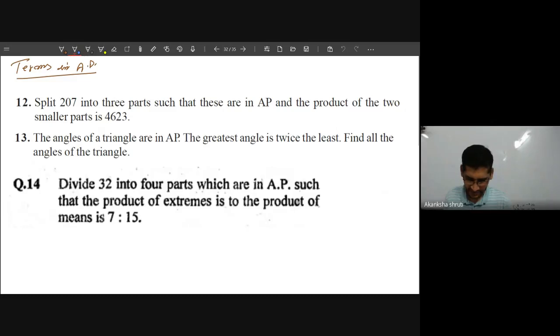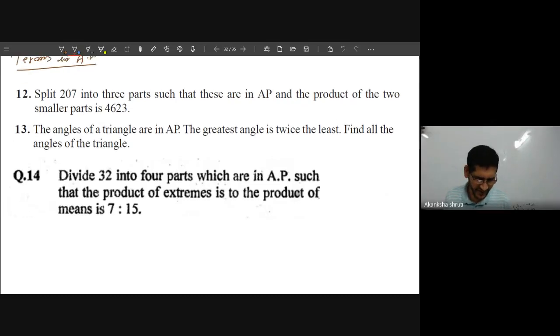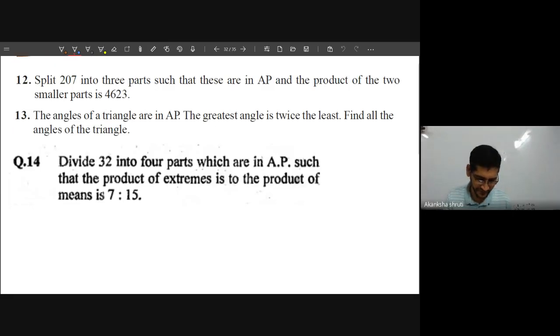This I have selected from your book. So split 107 into 3 parts such that these are in AP and the product of the two smaller parts is this much. It is even easy to calculate. But if we apply taking 3 terms in AP, then it becomes even more convenient.